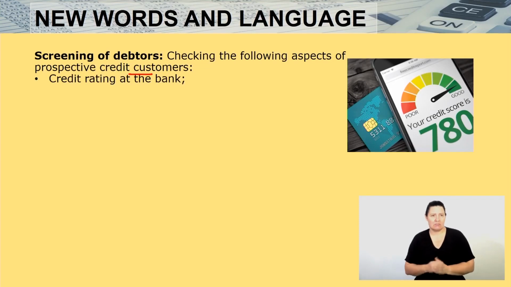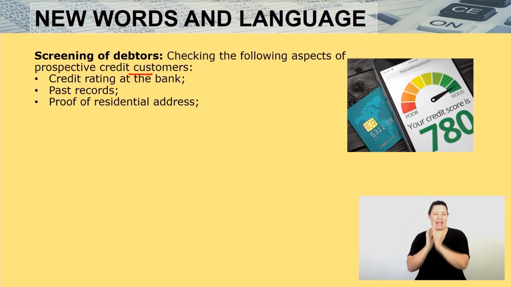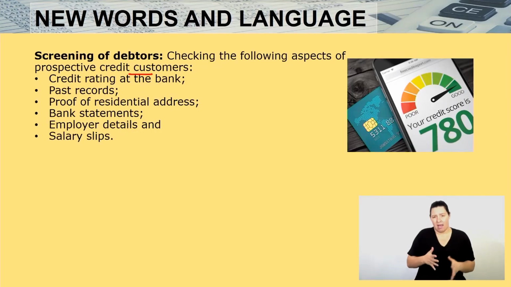The first one, credit rating at the bank, past records, that is their records of paying, their credit history, proof of residential address, and bank statements. We also check our prospective customers' bank statements, especially if they're going to be credit customers. Employers' details and salary slips.